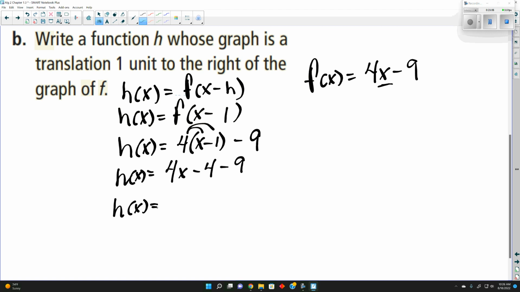Questions? So 4x doesn't have any like terms, but the negative 4 and negative 9. Negative 4 minus 9 is? And that's it.